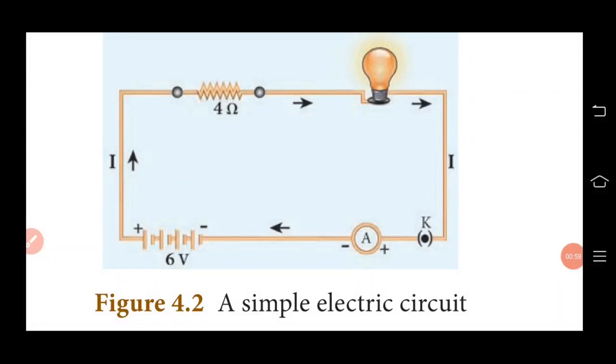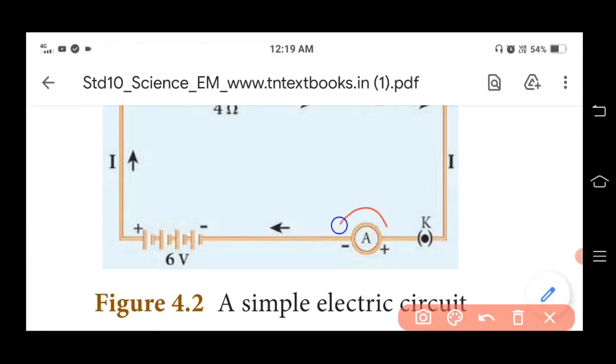Students, here is a schematic diagram of an electric circuit which consists of a bulb, resistor, battery, ammeter and key. The ammeter is a device used to find how much current is flowing, and the key is a device used to switch the current on and off.